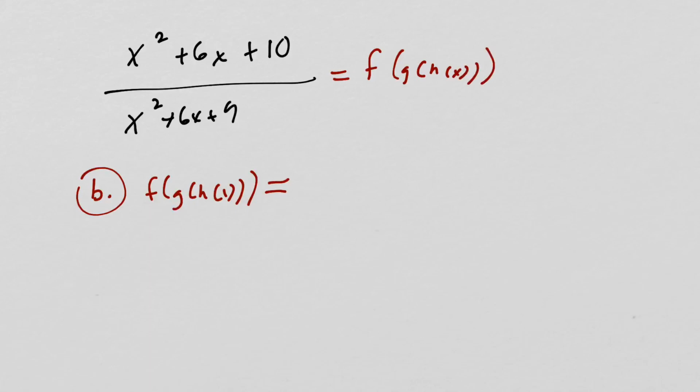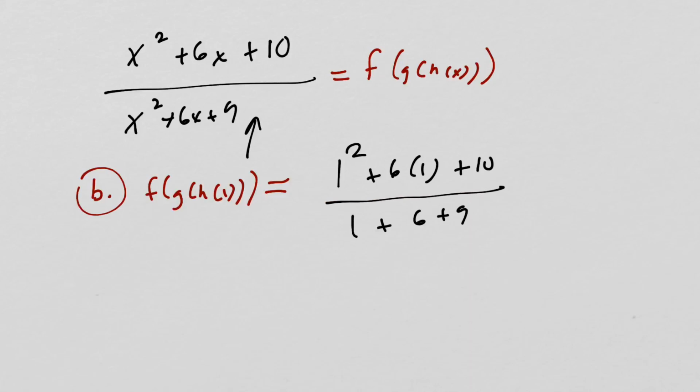To evaluate this function then, all we need to do is replace all the x's in this function above with 1. This then becomes 1 squared plus 6 times 1 plus 10 divided by 1 plus 6 plus 9. Simplifying the top, we get 17. Simplifying the bottom, we also get 16.